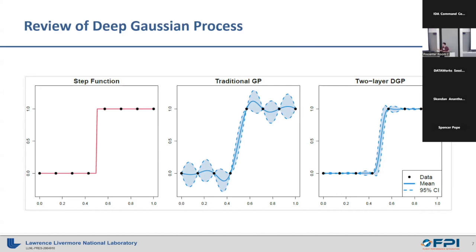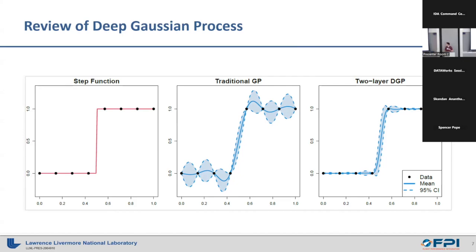Because it's stationary, it's assuming the same, for lack of a better term, wiggliness, based on that step function in the middle. But using the deep GP, we can adequately capture this and get something that looks more reasonable for the uncertainty on either end. So those are the 2 models we'll be considering here today.